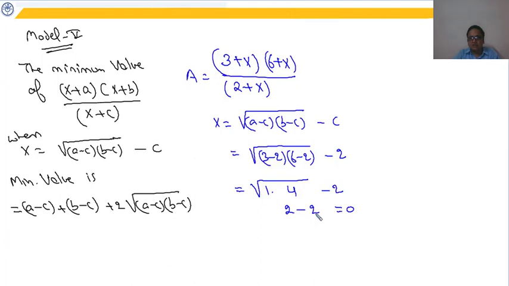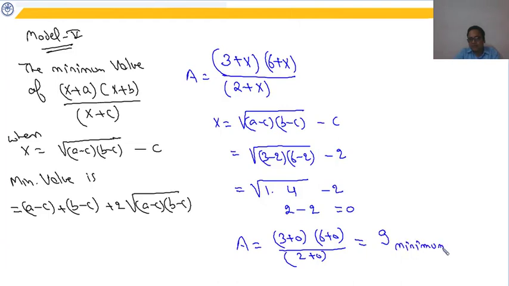So the minimum value occurs when x is 0. Just put x equal to 0 in the expression. It's (3 + 0)(6 + 0)/(2 + 0), so the minimum value comes out to be 9. So we can straight away calculate the value of x at which it occurs and put that value of x in the expression. I hope this is clear.